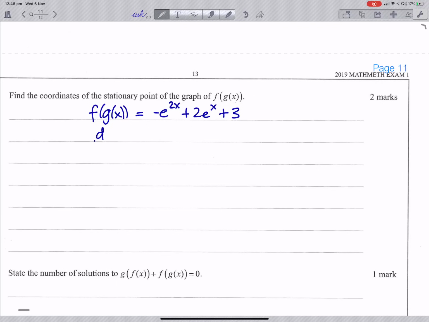So d dx of f of g of x is negative 2e to the 2x plus 2e to the x, which is 2e to the x times (1 minus e to the x).